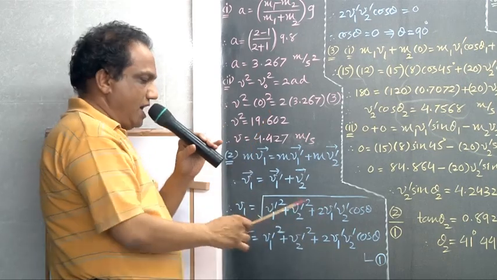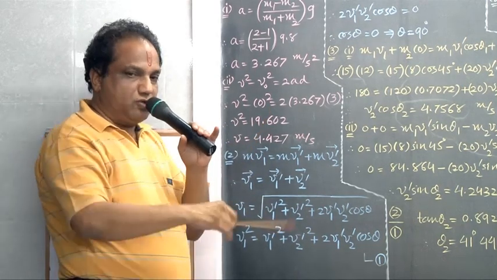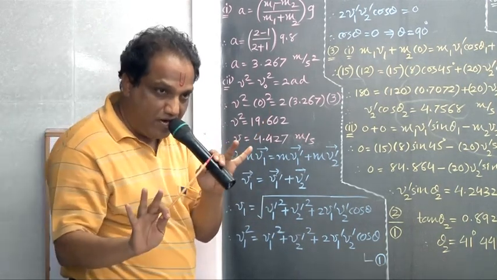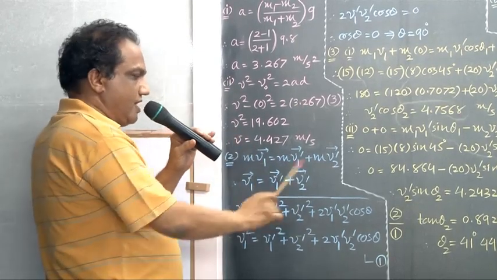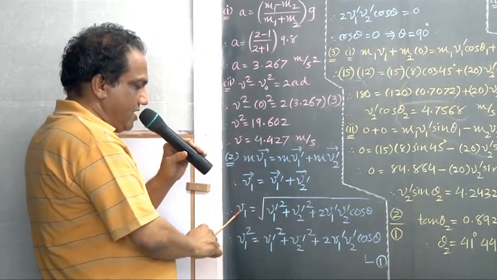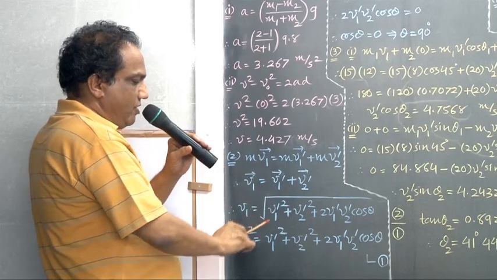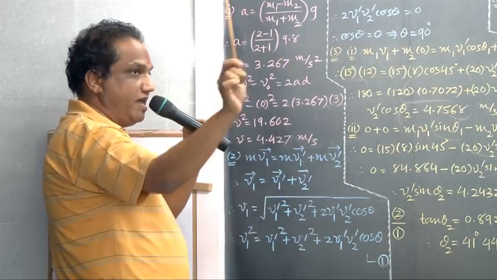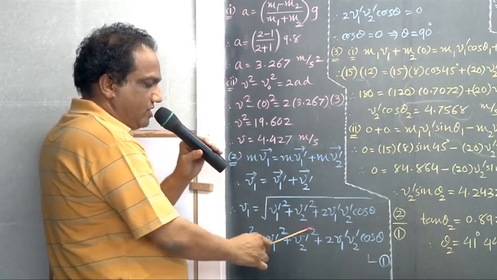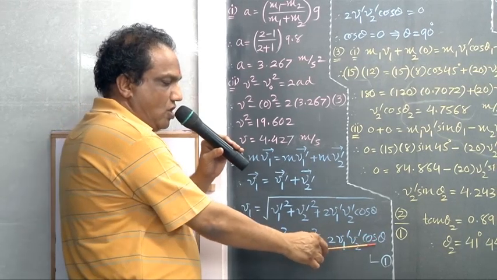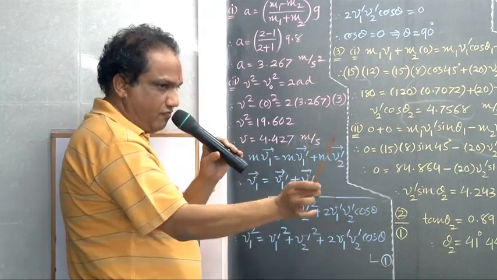Instead of A, I should write V1 dash. Instead of B, I should write V2 dash. Simple. Now take squares on both sides. When you take the square here, V1 square, and here the square root will vanish: V1 square equals V1 dash square plus V2 dash square plus 2 V1 dash V2 dash cos theta. Give it equation number 1.